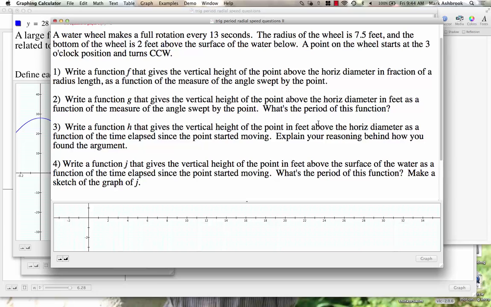Okay, in my past experience, most students get number 1 wrong. So who knows what's going on? Show me your number 1. Oh, we got it. Good job.